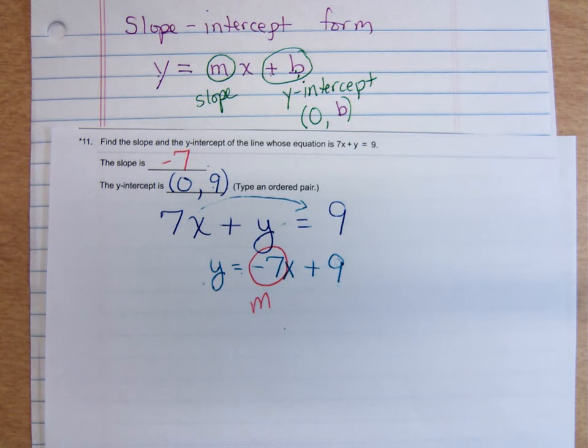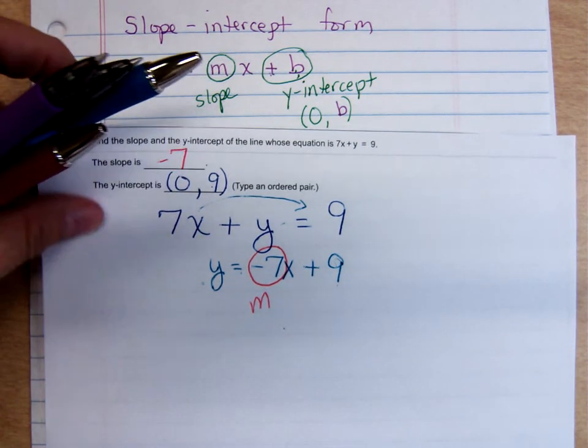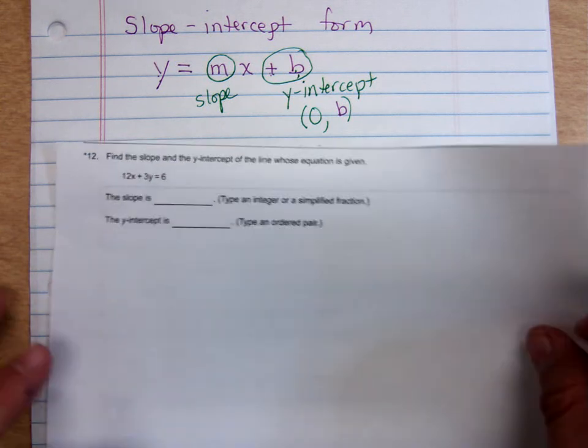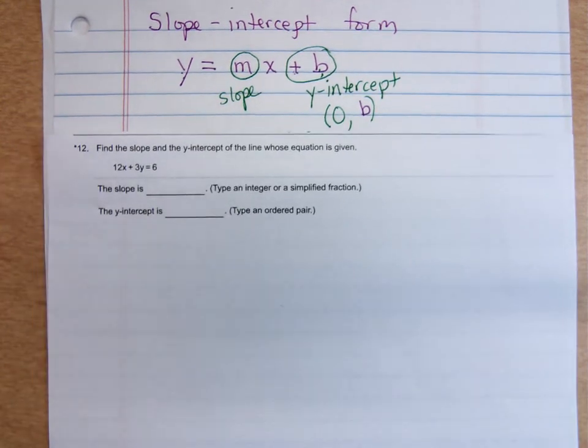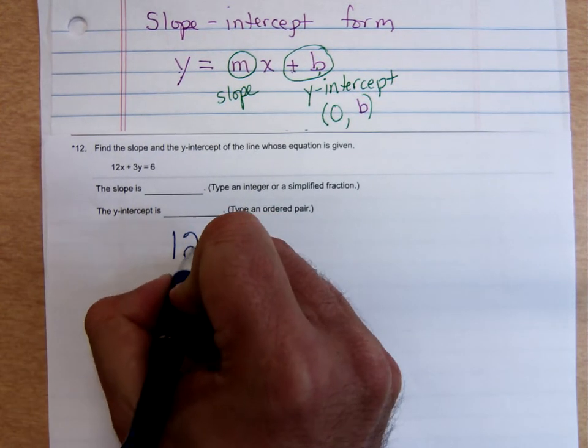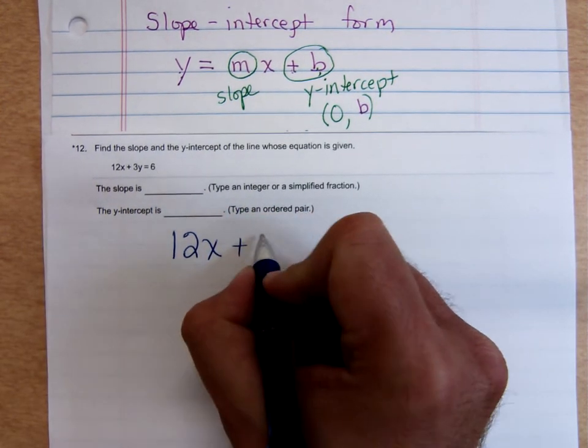Oh gosh. Are we ready to do one more like this before we take a very well-deserved break? Let's see. Find the slope and the y-intercept of the line whose equation is given: 12x plus 3y equals 6. I'll write it bigger.